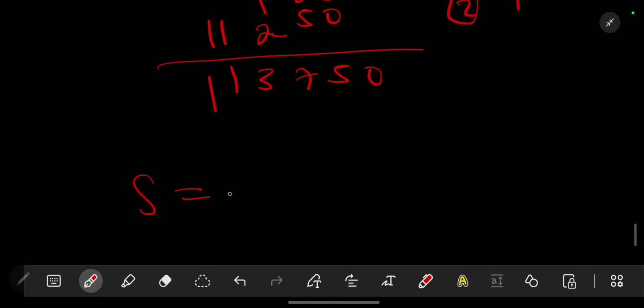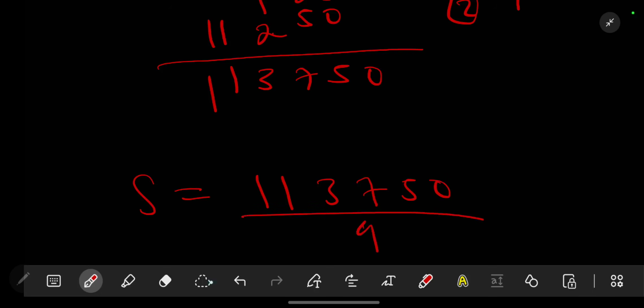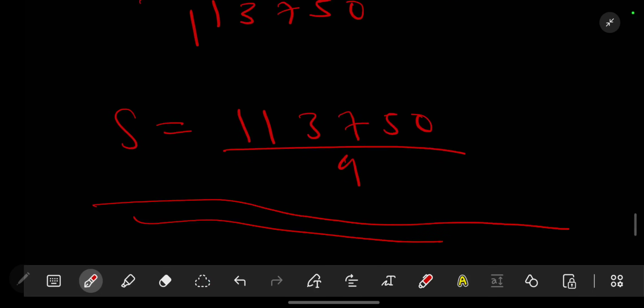So we can say S is equal to 113,750 over 9. So this is our answer for that one.